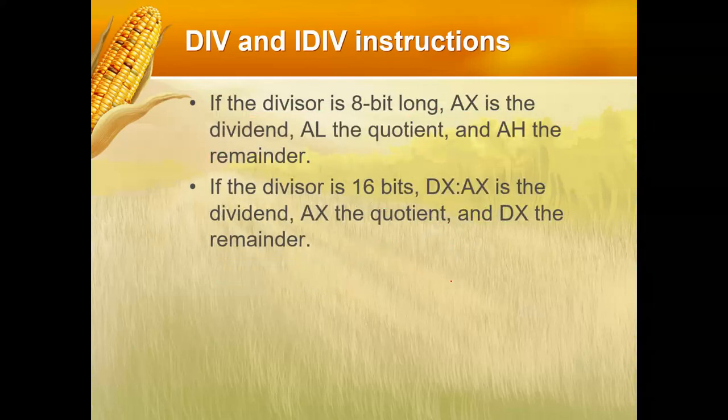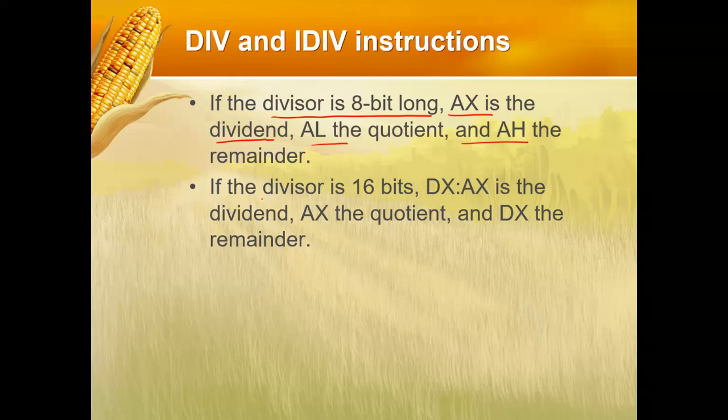The source depends on the size of your operand, whether you are using 8-bit or 16-bit. In the DIV and IDIV instructions, if your divisor is 8-bit long, then your AX will hold the dividend, the value that will be divided. The answer or result, the quotient, will be put into AL, and the remainder will be put into AH.